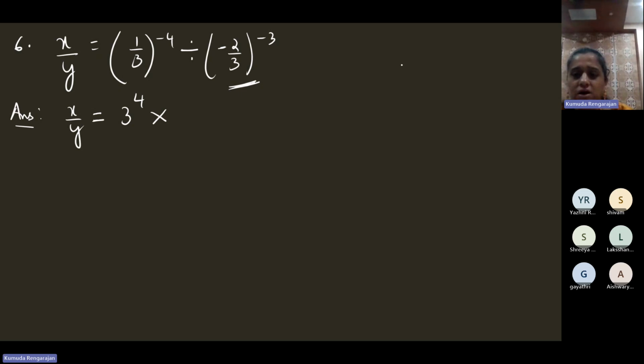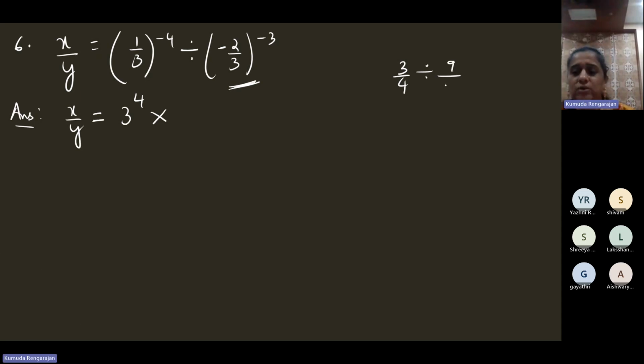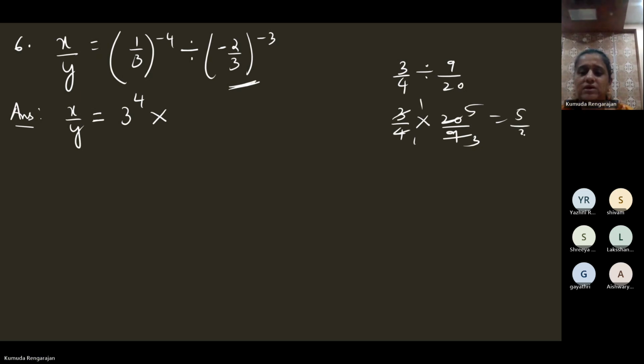See, when we have 3 by 4 divided by 9 by 20, division becomes multiplication, and we write the reciprocal of 9 by 20 as 20 by 9. We perform the simplification. 3 1s are 3, 3 3s are 4 1s are 4, 5s are, and 5 by 3. In the same way here, division becomes multiplication and you have to write the reciprocal of this one.